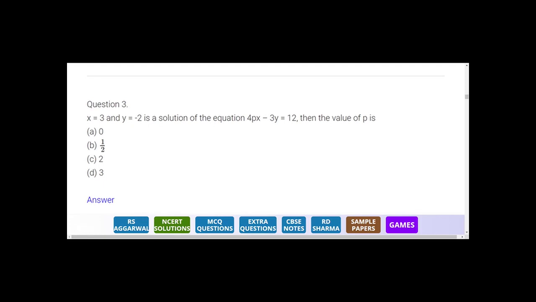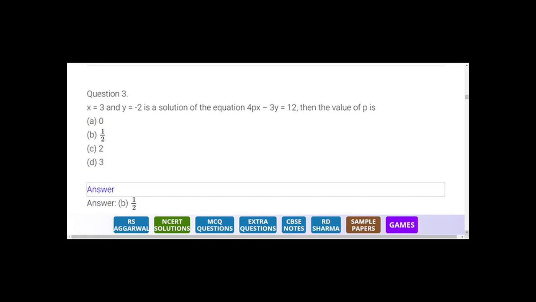Ma'am, option A. How did you get A? Put x equal to 3. 4 into 3 is 12. 12p plus 6 equal to 12. 12p equal to 12 minus 6. 12p equal to 6. P equal to 6 by 12. 6 by 12 is 1 by 2.